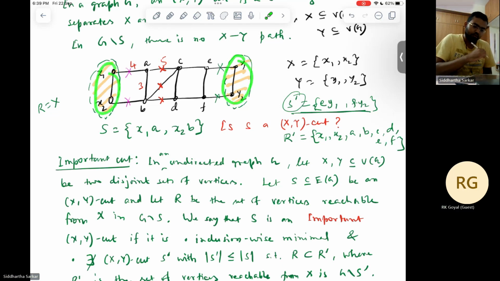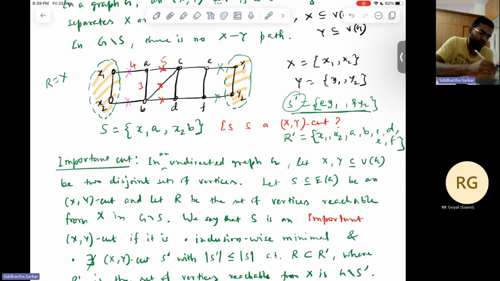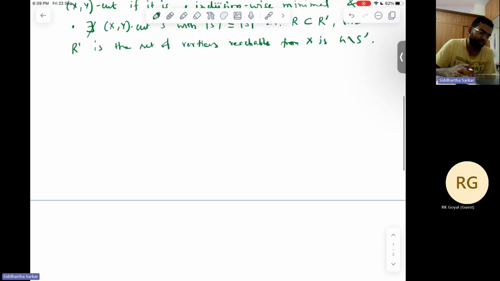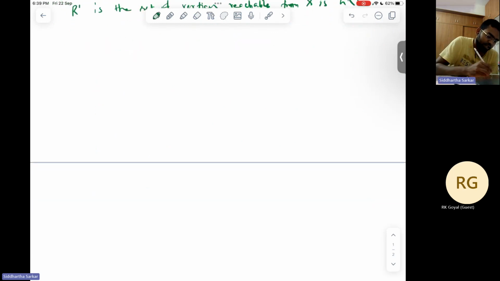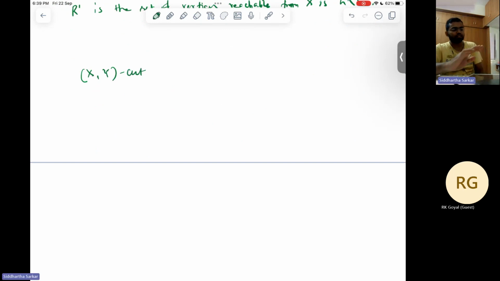Now, the definition is not symmetric. Let me just go down and take a fresh page. So consider an XY cut. An XY cut by definition is a set of edges that disconnects X from Y. So an XY cut is definitely equivalent to a YX cut.